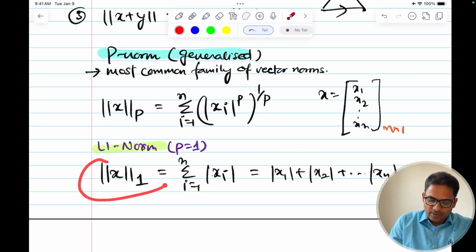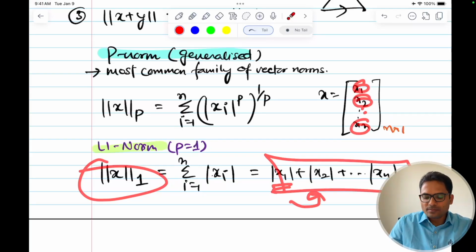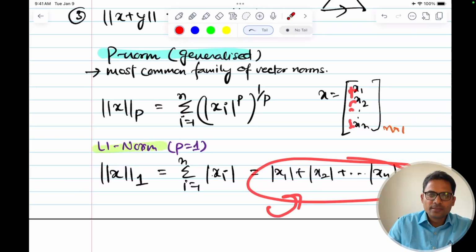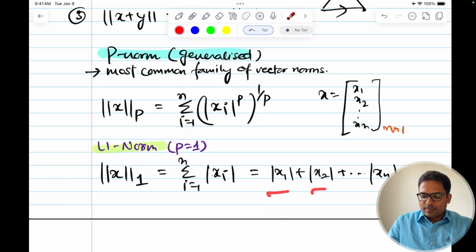This L1 norm is nothing but the absolute values of each individual scalar, and you just sum them up, even if they are plus or minus. Finally you get the individual absolute values and sum them up.